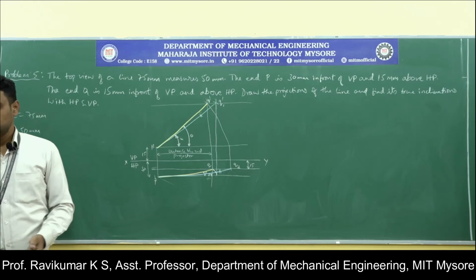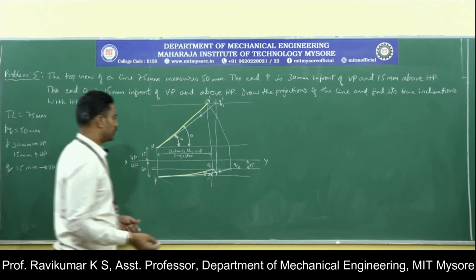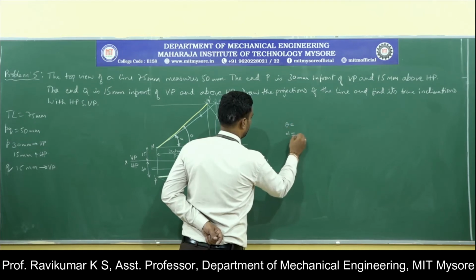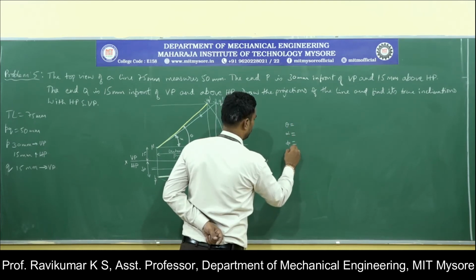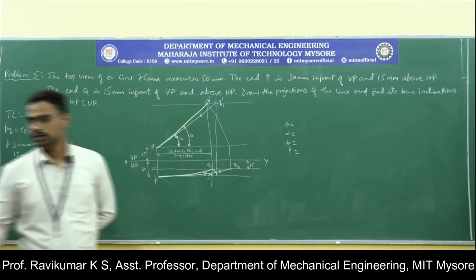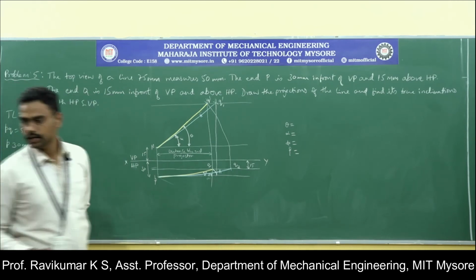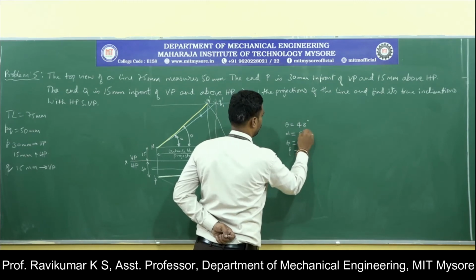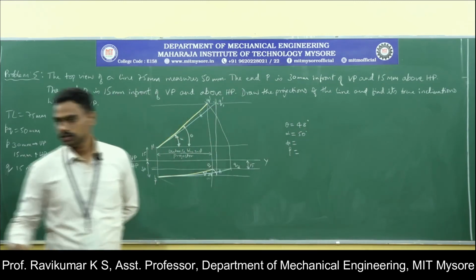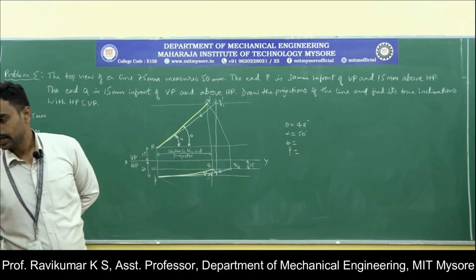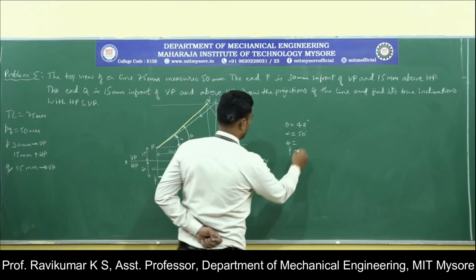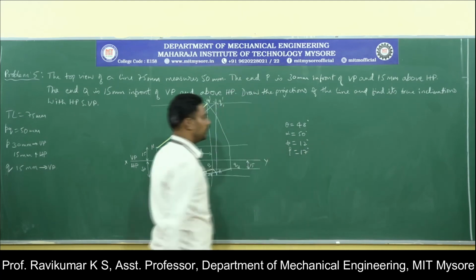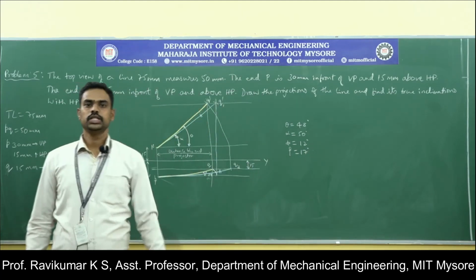So if you measure it, once you draw it to the actual scale, you will get theta, alpha, phi and beta as theta 48 degree, alpha 50 degree, phi 12 degree and beta 17 degree. You will get this answer if you draw it for the scale.